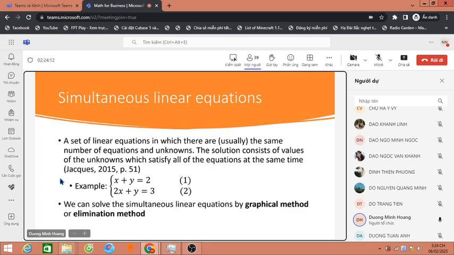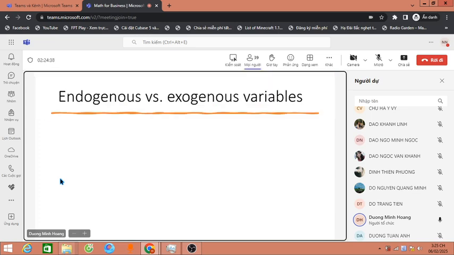You can solve this by using your calculators, or using the elimination method that you learned in high school, or you can use the graphical method, that is drawing the lines in a very accurate way, so that you can determine the point in the graph, which is the equilibrium point.